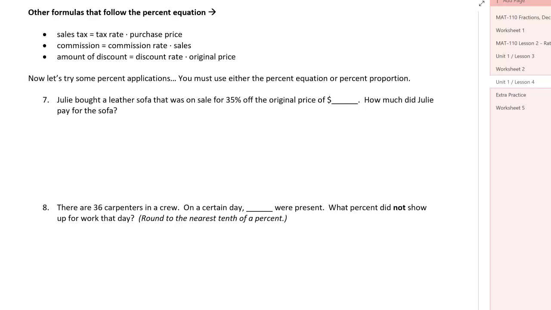Hello. In this video, I will work numbers 7, 8, and 9 from lesson 4 using the percent equation like we did in class. Now remember, the percent equation is percent times base equals amount.